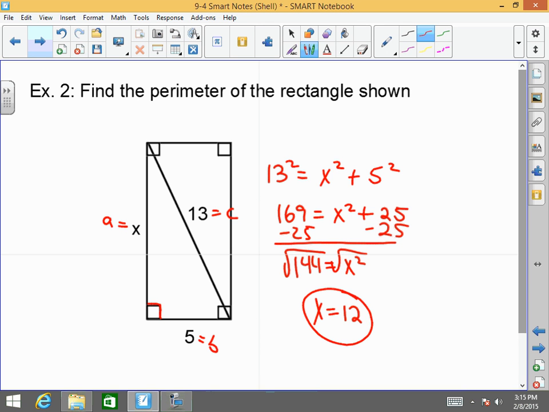And yes, technically it's plus or minus 12, but since we're dealing with an actual length of a figure, it's only positive 12. Okay? So knowing the Pythagorean triple makes this infinitely easier, but even if you don't know it or don't see it or don't recognize it, you can always use the Pythagorean theorem.